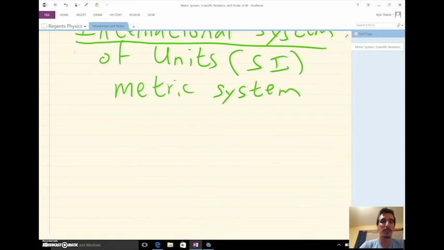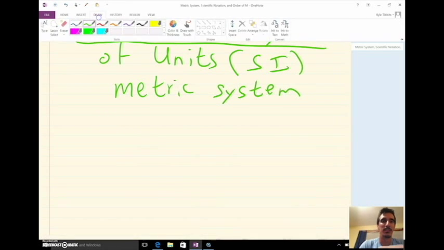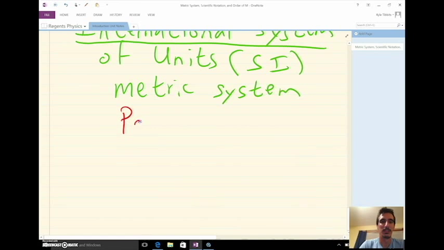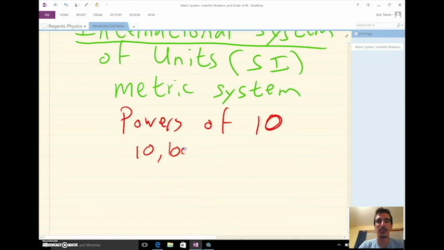And it goes by the powers of 10. It turns out that in the 1700s, when all the world, aka Europe, was trying to calculate the circumference of Earth, a guy came along and said, geez, it'd be much easier if we go by the powers of 10. So we have 10, 100, 1,000, and so on.